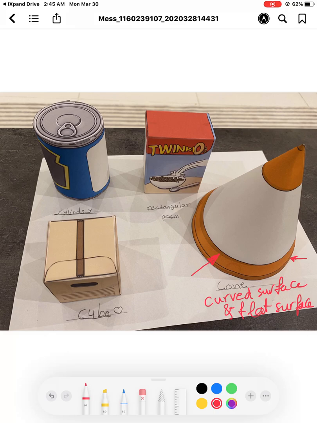But if we put it in another position, it can roll. It can roll. Now let's look at the cylinder.